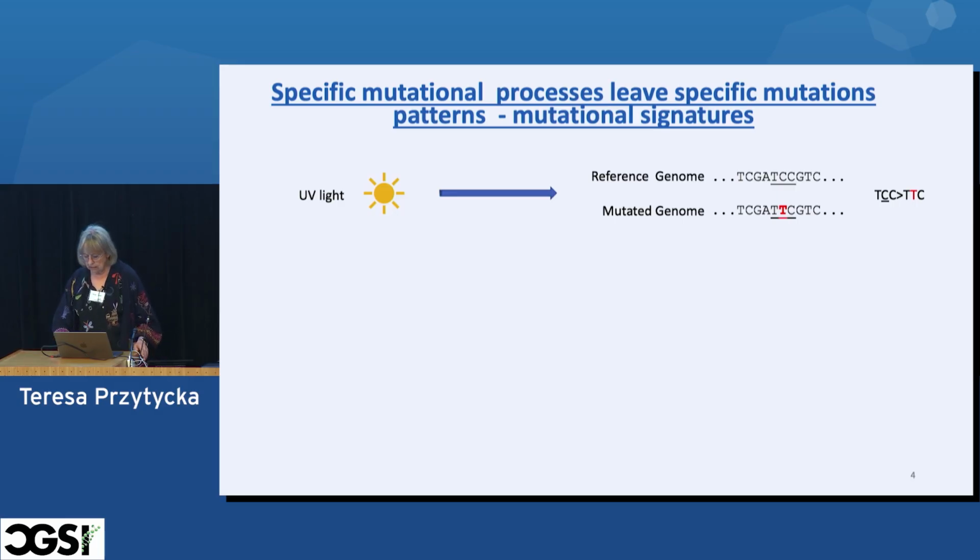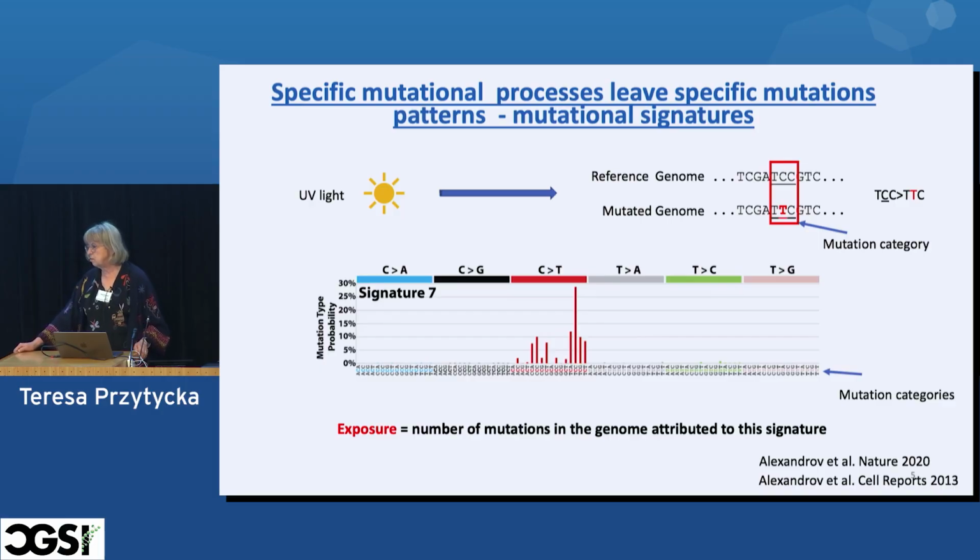That has led to the idea of introducing so-called mutation categories, where we divide all the mutations into categories based on the central mutation, and also based on the context in which that mutation occurs.